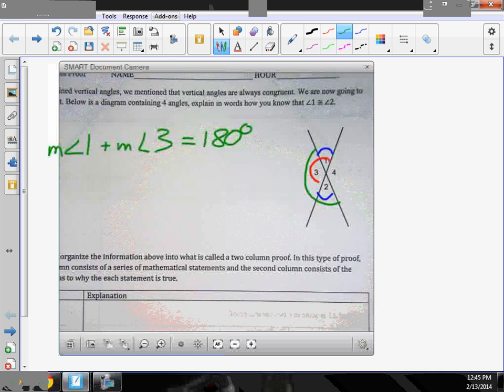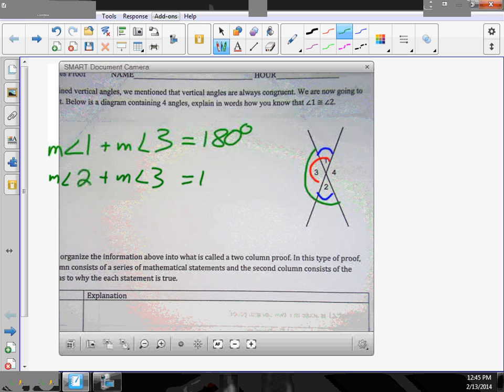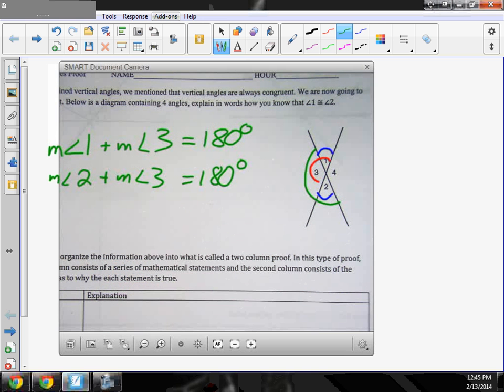How does that help? Angles 2 and 4 are a linear pair too, but that's not what we're going to use. The measure of angle 2 plus the measure of angle 3 equals 180 degrees. Oh. Well, that's what we needed to know. How does that show that 1 and 2 are the same?